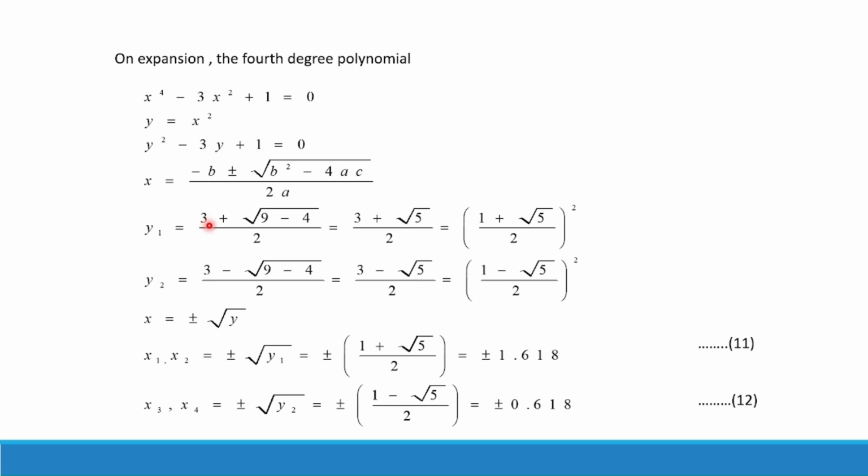So y1 is equal to, now we put the value of b here as 3, first we will write down the plus value, then the minus value. So b square is equal to minus 3 whole square, that would be equal to 9. Then minus 4ac, so 4 into 1 into 1, that would be equal to 4, so it would be equal to 3 plus root 5 by 2, or we can write it as 1 plus root 5 by 2 whole square.